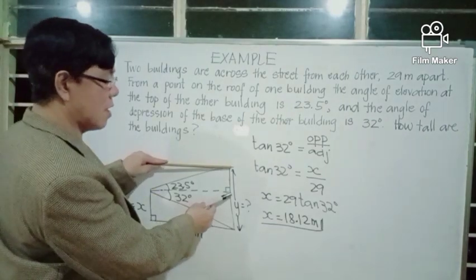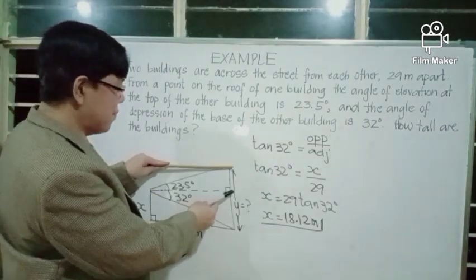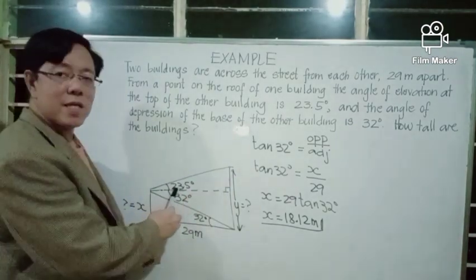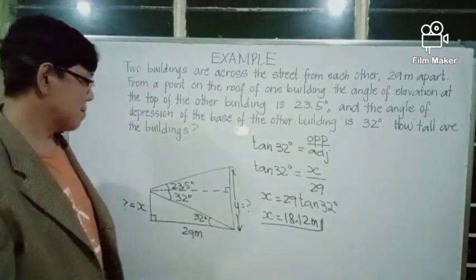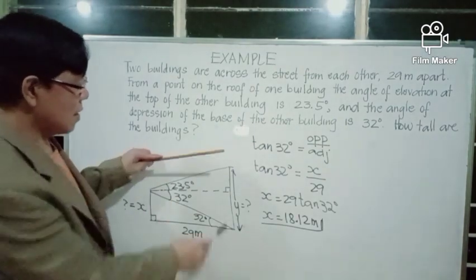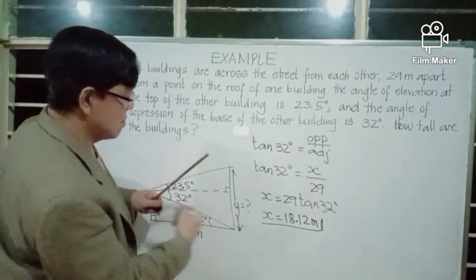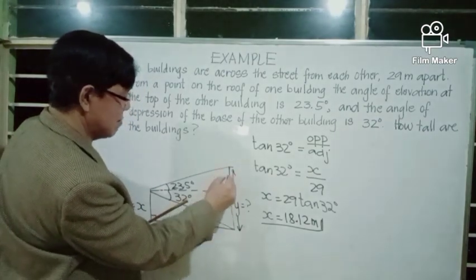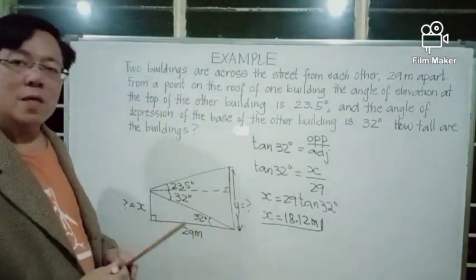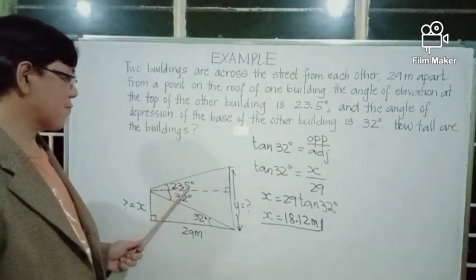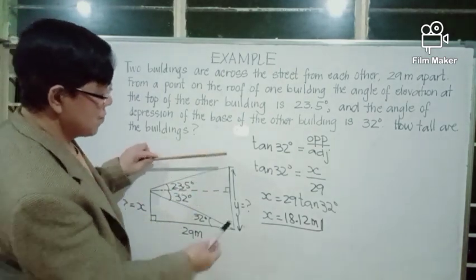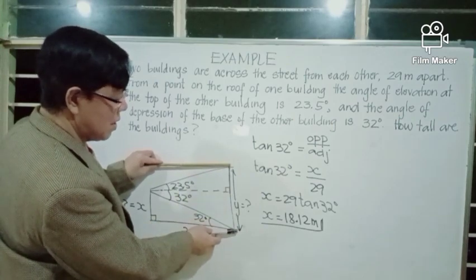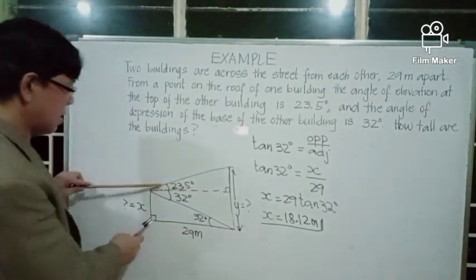And this side of this right triangle opposite 23.5 degrees, this side opposite 23.5 degrees is equal to y from the top to the base minus x.